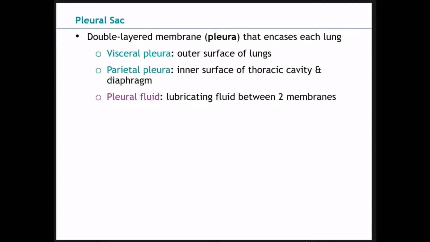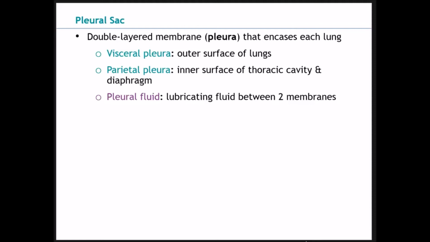The purpose of the fluid is to reduce friction between the lungs and the inner thoracic wall and between the lungs and the diaphragm. As the lungs increase and decrease in volume during breathing, the lungs should not rub up against the outside of that pleura or membrane. So that fluid is just there to protect against friction.